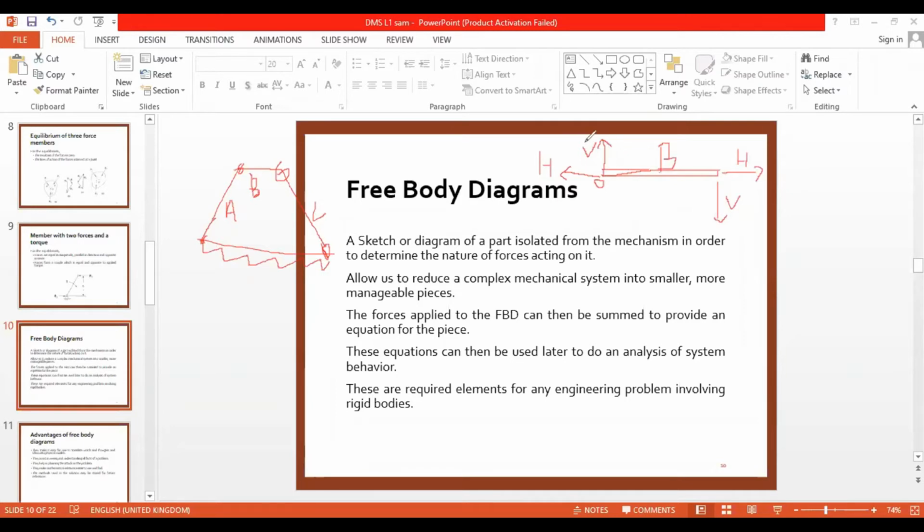So if you combine this vertical and that vertical, this is going upwards and that is coming downwards, so that will be in equilibrium. In a similar way about the horizontal force also. If you combine these two horizontal forces, this horizontal force is acting this way and that horizontal force is acting that way.